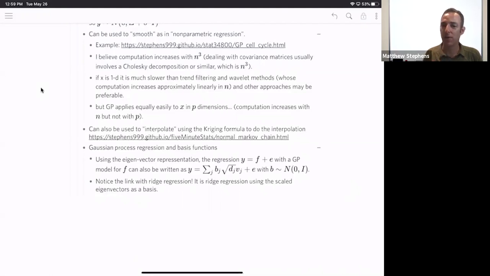So actually you can think of all this as ridge regression. But instead of regressing on the wavelet basis or on the trend filtering basis, you're regressing on a basis that's chosen using the eigenvectors of the covariance matrix that you're using. Okay, all right, that's all I had to say there.